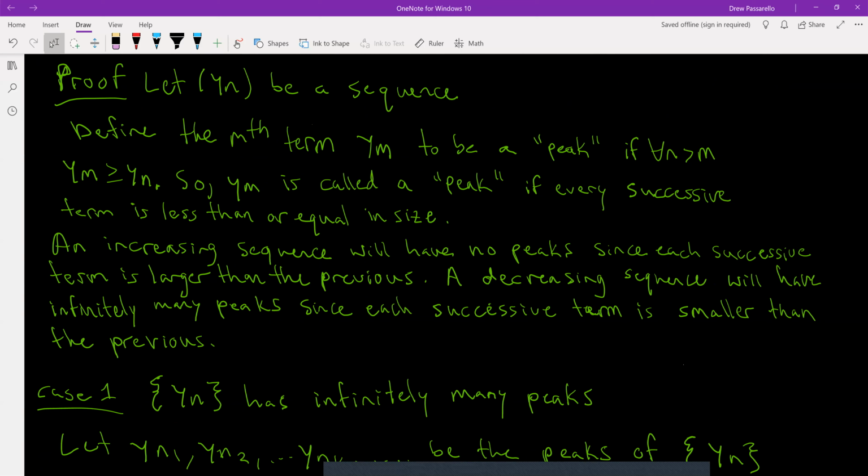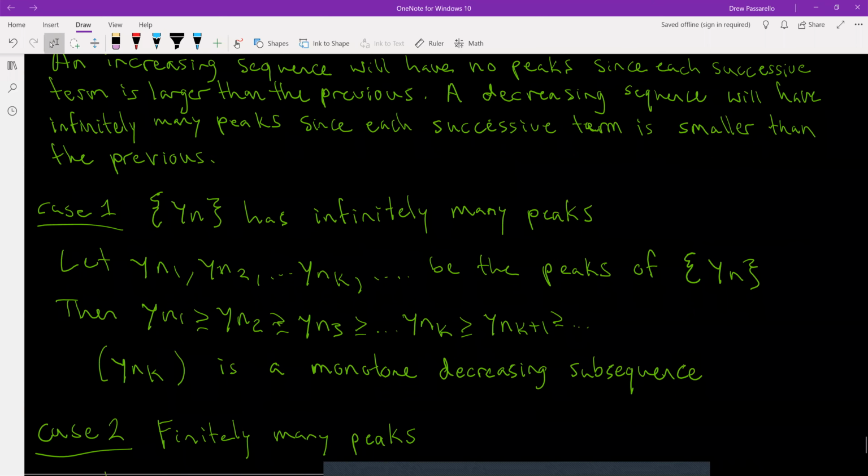But for increasing, each successive term is larger than the previous, so then there's no peaks. All right, so now that we've defined a peak, there's either going to be infinitely many peaks or finitely many. If there's infinitely many peaks, then let y_n1, y_n2, ..., y_nk be the peaks of the sequence for the set of the y_n's.